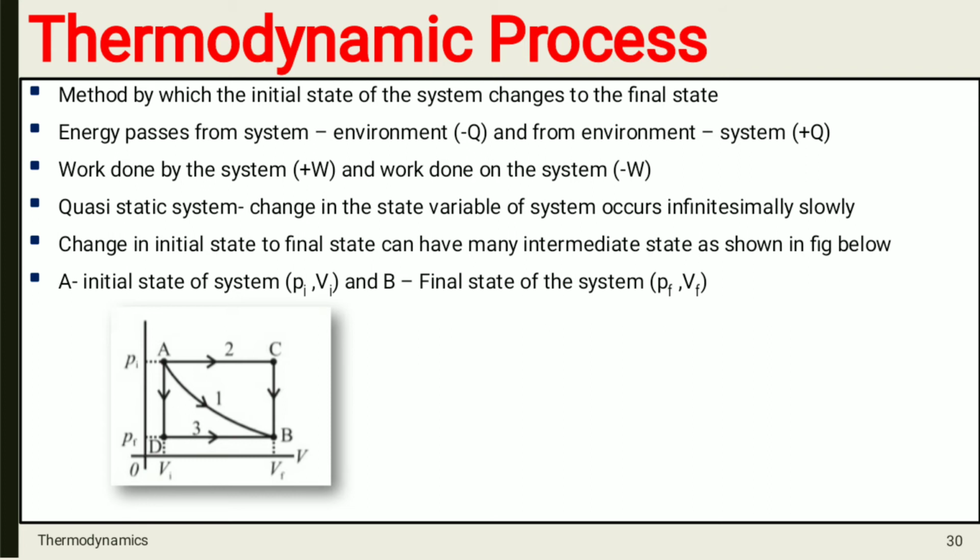But in the second and third cases, there are intermediate states present. In the second path, the system will change its initial state A to first C and then to the final state B. Means C is the intermediate state of the second path. And in the third path, D is the intermediate state between A and B.